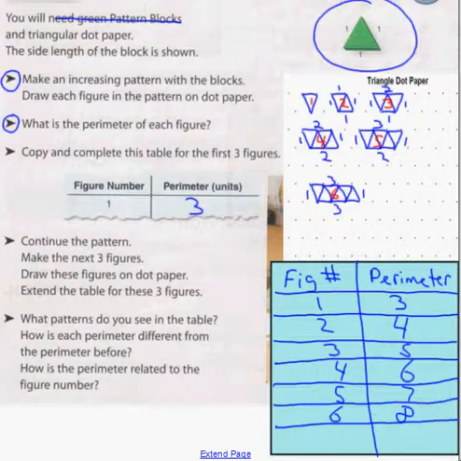Now, looking right here at the very bottom, how is the perimeter related to the figure number? Well, you could say, as the figure number increases by 1, the perimeter distance increases by 1. That's how the relationship works.